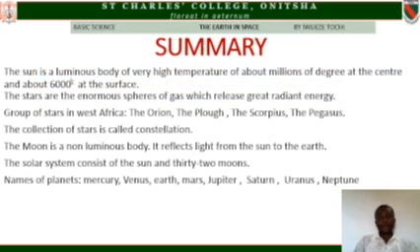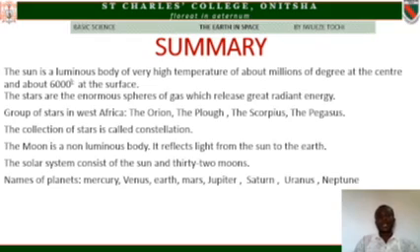Summary. The Sun is a luminous body of very high temperature of about millions of degrees at the center and about 6,000 degrees at the surface. The stars are the enormous sphere of gas which release great radiant energy.